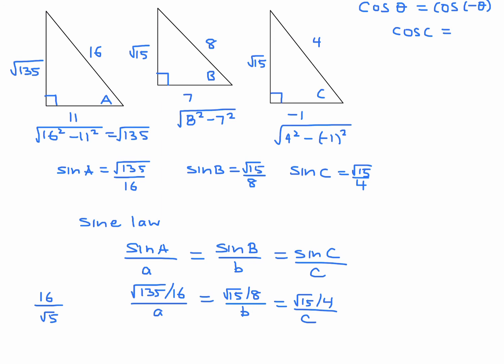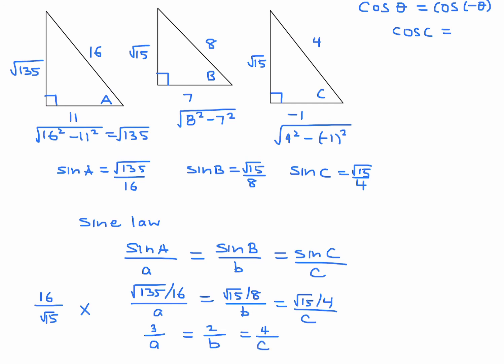And when I do that, that's going to give me root 135 is 3 root 15. So it's going to be 3 over A. And then this one will give me 2 over B. And this one gives me 4 over C.